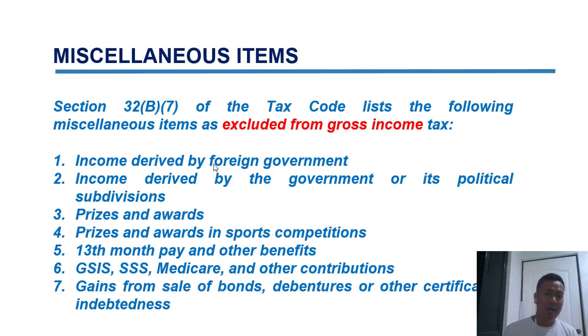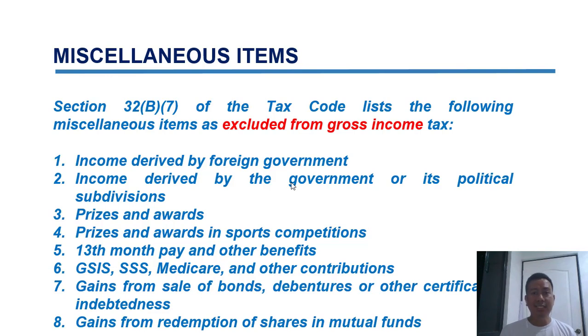Yung mga gains daw doon ay excluded from the gross income. And lastly, we have the gains from redemption of shares in mutual funds. The redemption, meaning babawiin mo na yung shares mo doon sa mutual fund companies natin. So, with that, that ends my presentation.